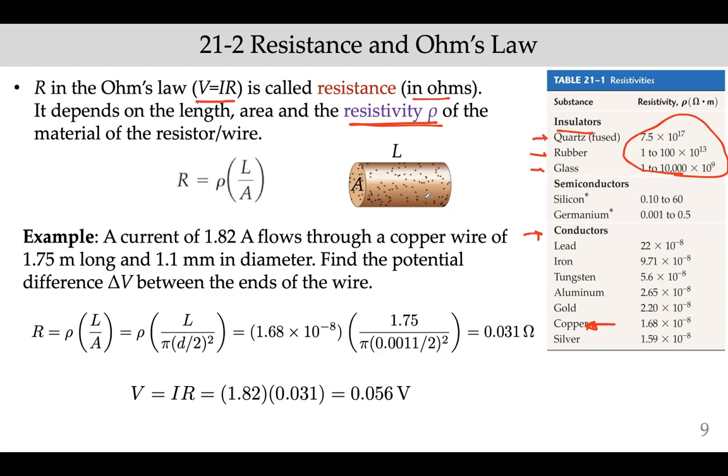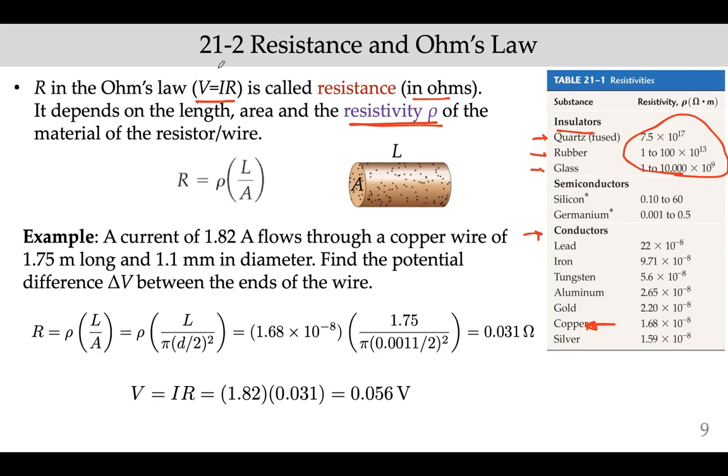If you make a resistor, you may choose any material depending on the value of resistance you want. But if you make just straight wires to connect circuit elements, you would want to use the material that has the least resistivity, because you don't want the wire to create heat and waste energy.